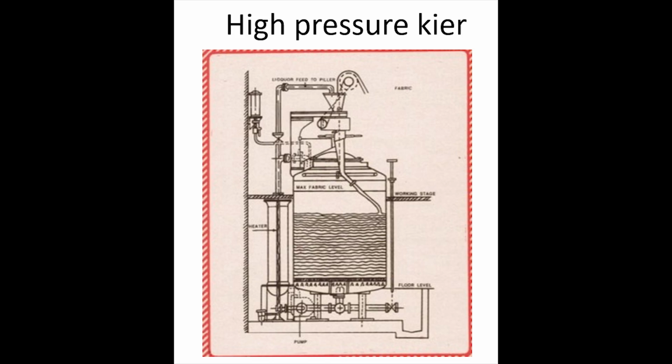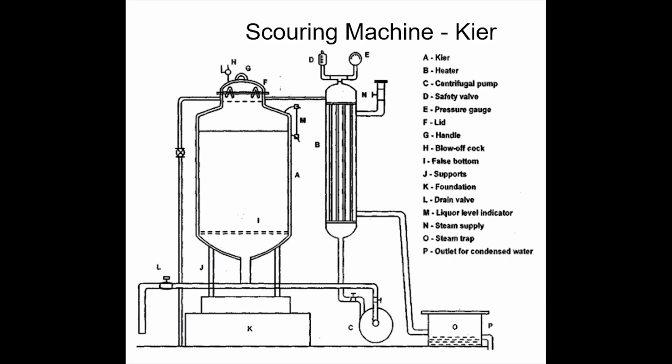The hot liquor from the multi-tubular heater is sprayed over the cloth packed in the gear through a hollow perforated ring. The liquor percolates through the packed cloth, collects below the false bottom, from where it is pumped into the auxiliary heater by a centrifugal pump, and the cycle repeats.